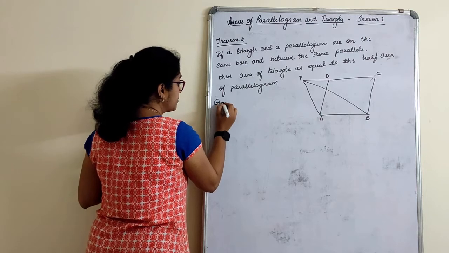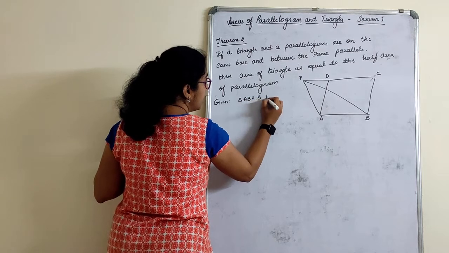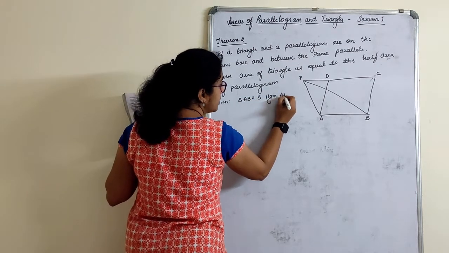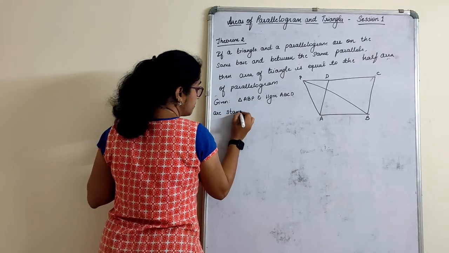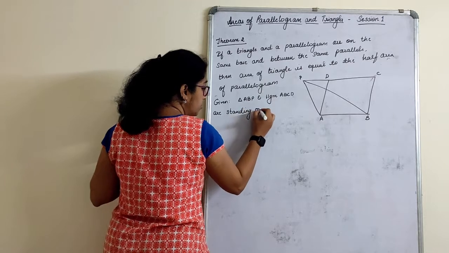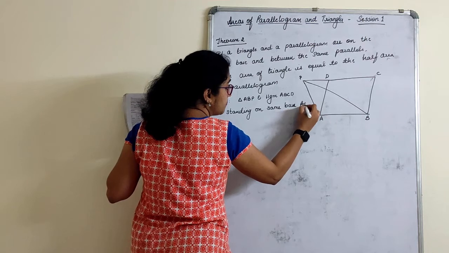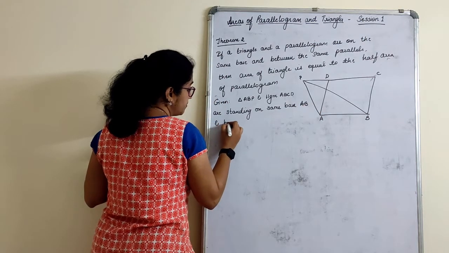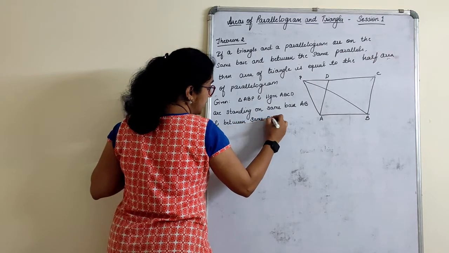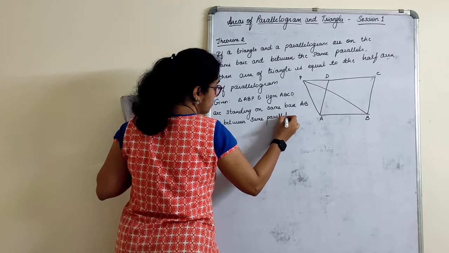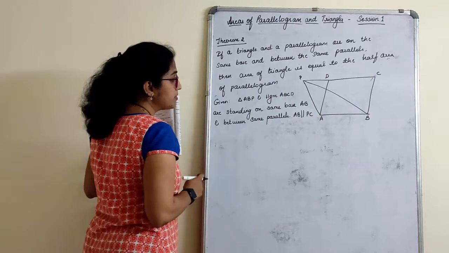Let us write that. Given: triangle ABP and parallelogram ABCD are standing on the same base. What is that base? AB, and between the same parallels, AB parallel to PC. This much is given.